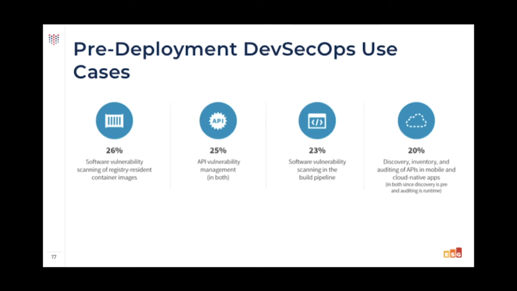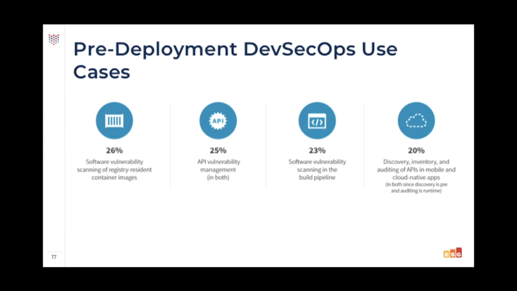And so from there, we wanted to double click on that and say, okay, well, what are your top pre-deployment DevSecOps use cases? And for me, this is all about having hardened configurations pre-deployment. So when you push to prod through your orchestration tools, Chef, Puppet, Ansible, or Kube, you've got a high integrity workload or container that's getting pushed into prod. It's all about hardening at the end of the day.